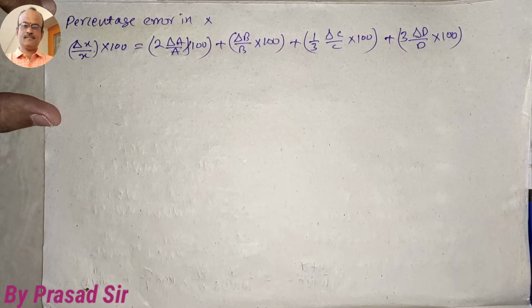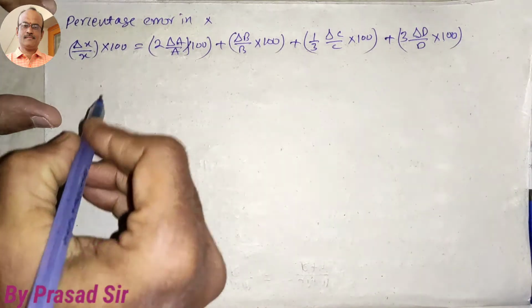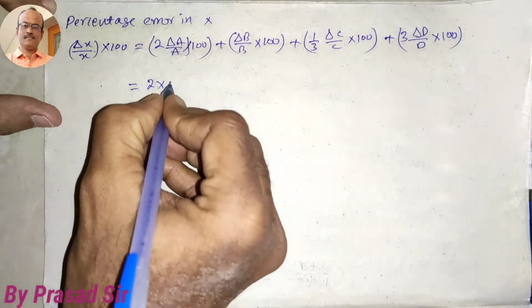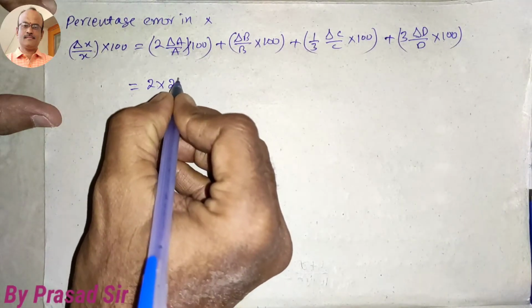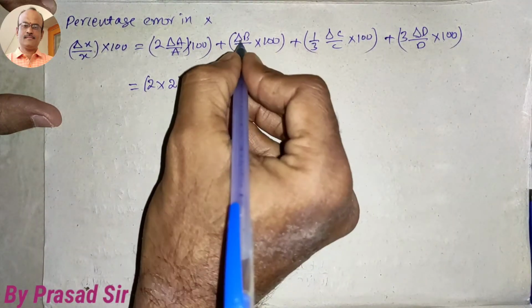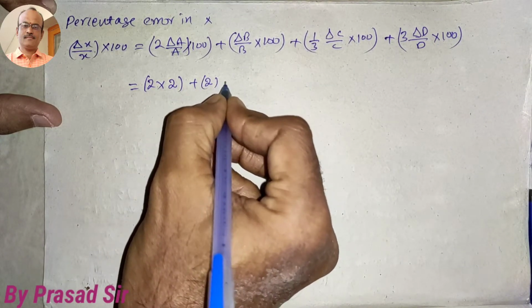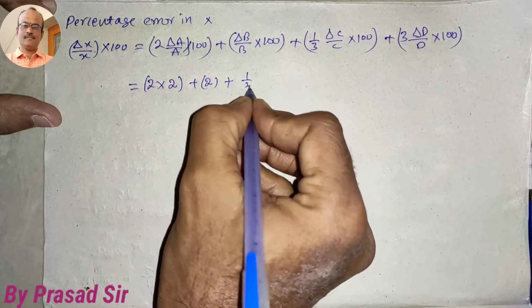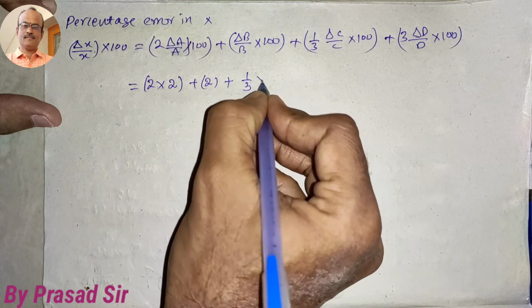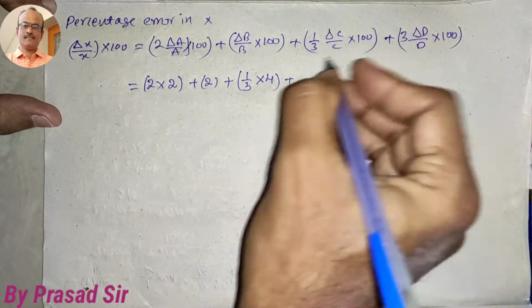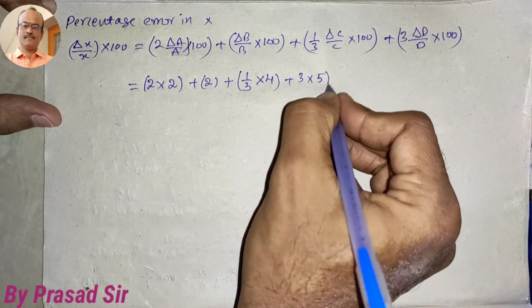But in this problem number 32, how can we identify the minimum percentage error? First of all, Δx/x × 100, but here 2 into Δa/a, given as 2, so that means 2 into 2, plus Δb/b, which is also given as 2, plus 1/3 into Δc/c, which is 4, plus 3 into Δd/d, which is 5.